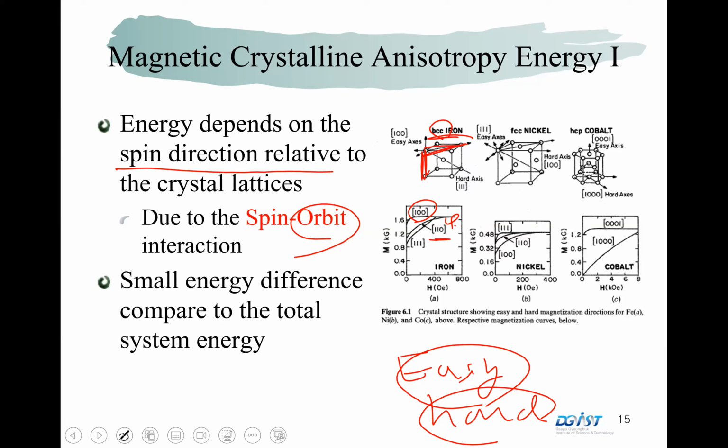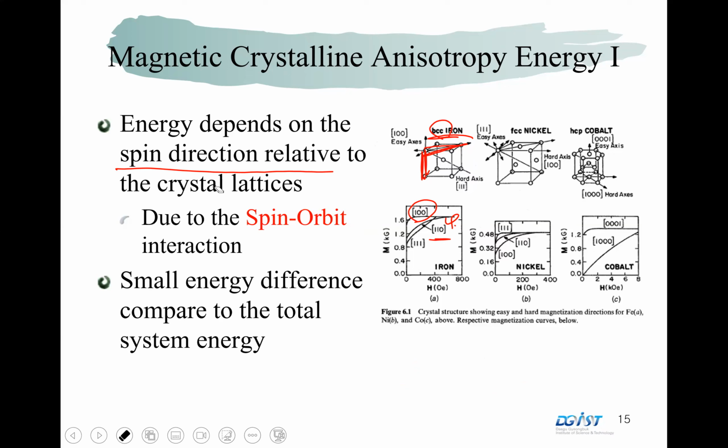But in some materials, this crystal anisotropy energy is very, very small, so we can easily ignore it. But in some materials it is very, very strong, and we need to take this crystalline anisotropy energy into account very carefully. So let me ask a simple question. If your sample is polycrystal, will this crystal anisotropy energy be important or not?